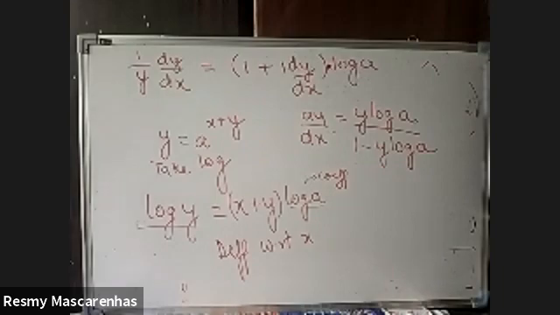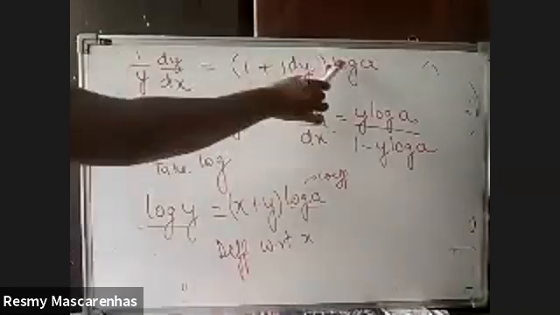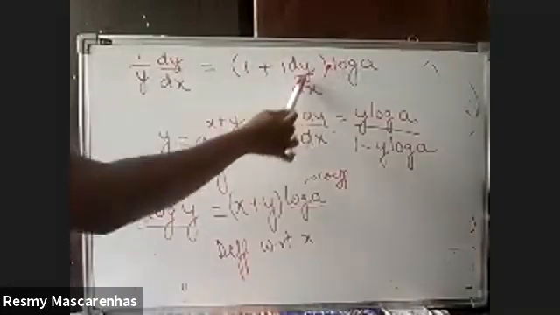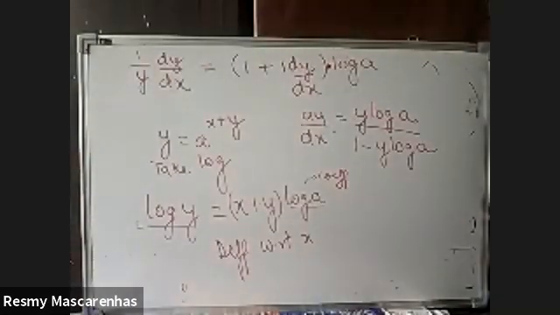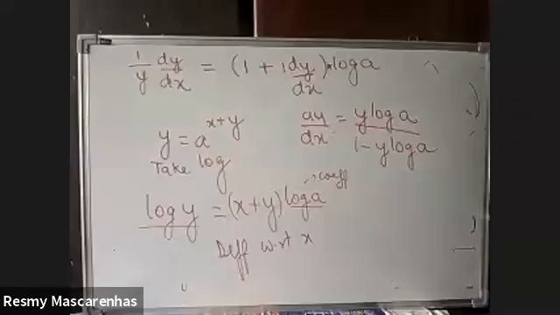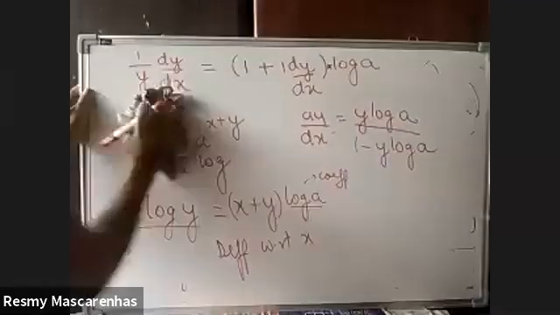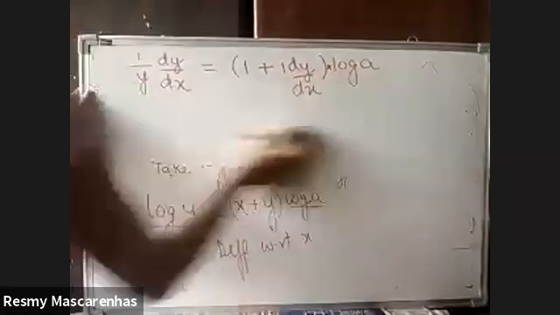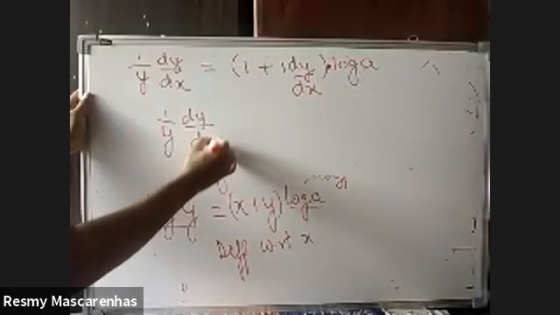Now what you do? Multiply this log a to both the terms. Log a will get multiplied to both the terms inside. Then take the dy by dx terms on one side and then find dy by dx. So this will be 1 upon y dy by dx.